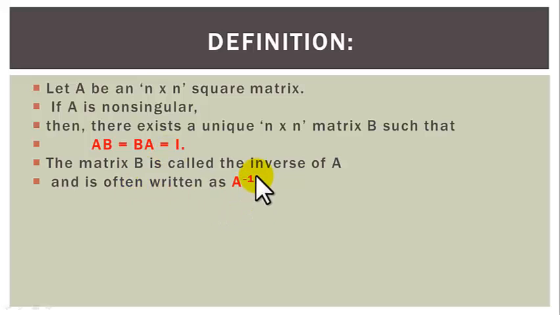So therefore, A times A inverse is equal to A inverse times A is equal to the identity matrix I.